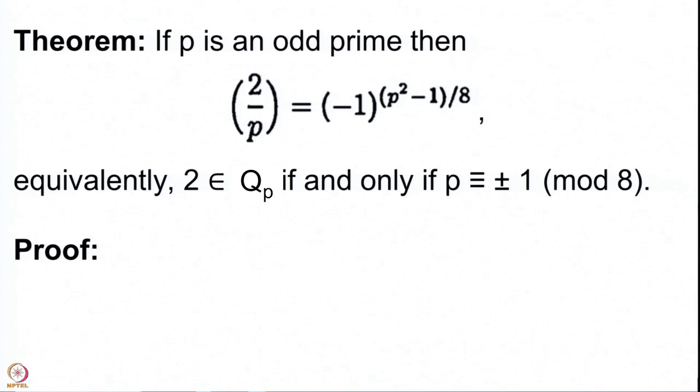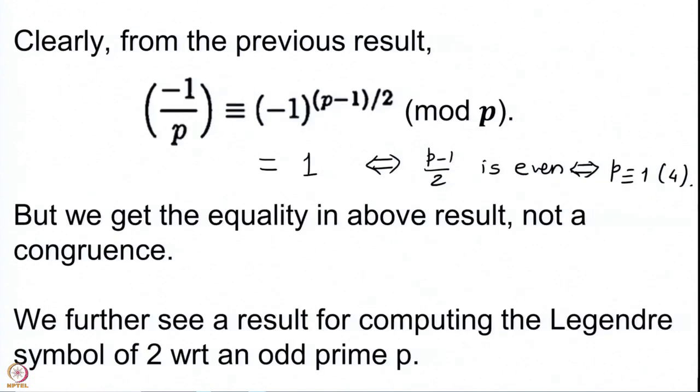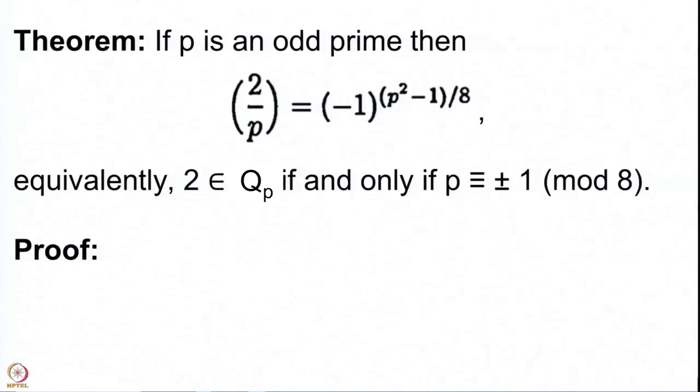Now, what we do is find a result for computing the Legendre symbol of 2 with respect to an odd prime p, and this is that beautiful result. The earlier result that we have seen is called the first part of the quadratic reciprocity law. The result for 2 is called the second part of the quadratic reciprocity law.